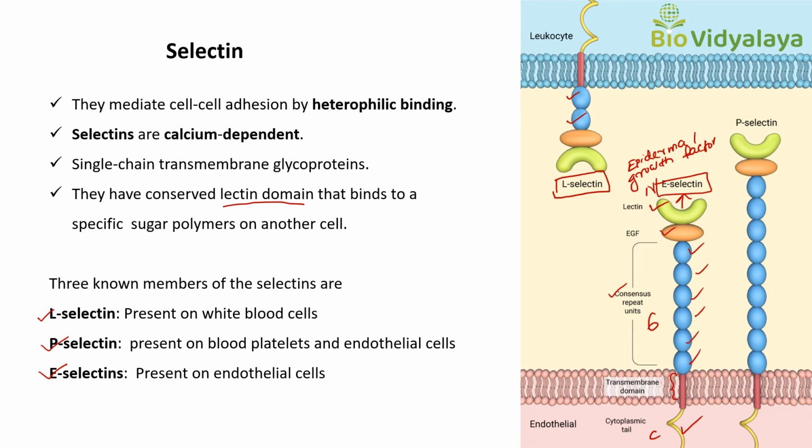So 6 here, and 2 in L-selectin. And here this is P-selectin. Here 1, 2, 3, 4, 5, 6, 7, 8, 9. Nine consensus repeats are present.